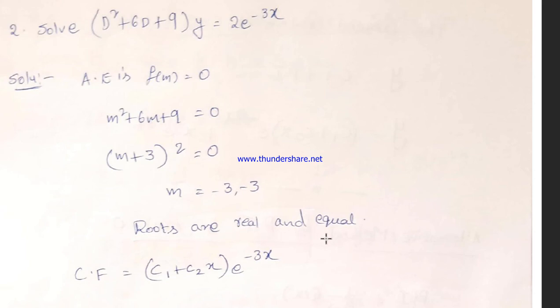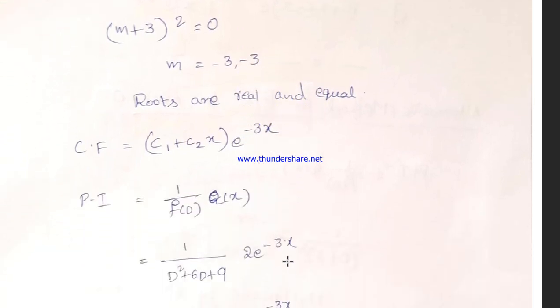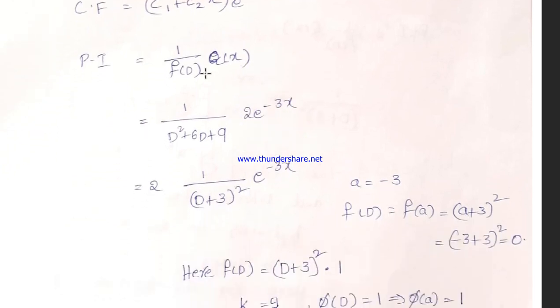The roots are real and equal, so the complementary function is c1 plus c2x into e power m1x. Here m1 equal to m2, so the value is minus 3, so we can write e power minus 3x. Next, going to the particular integral. Particular integral PI is equal to 1 by f of D into Q of x.